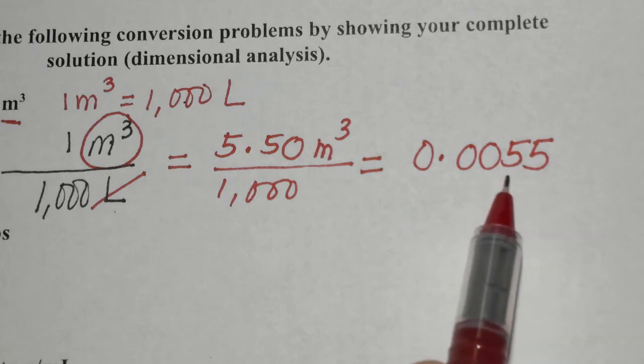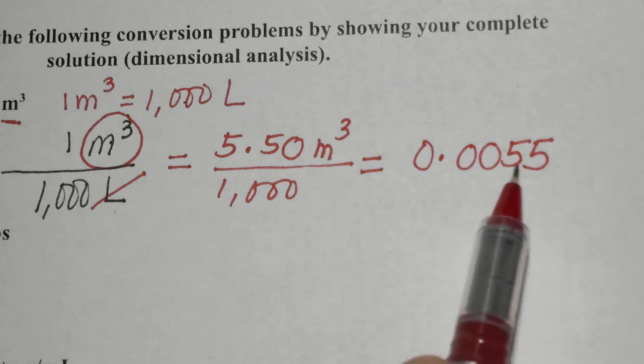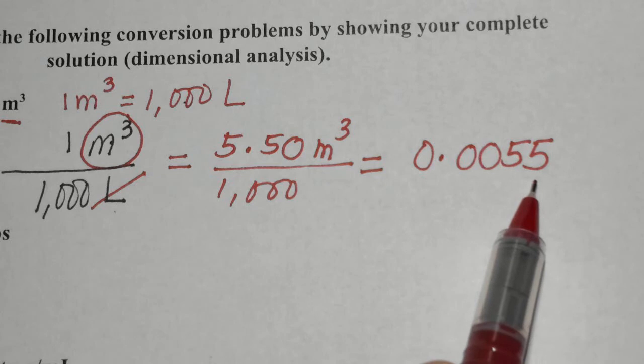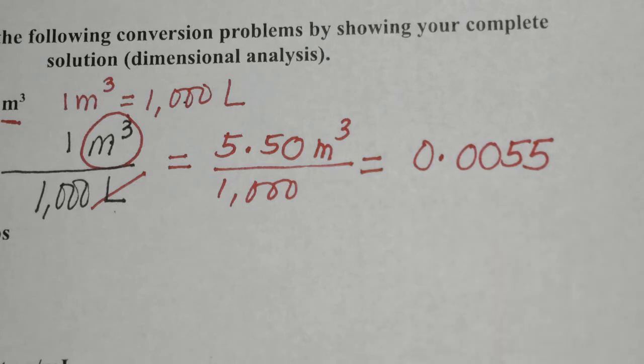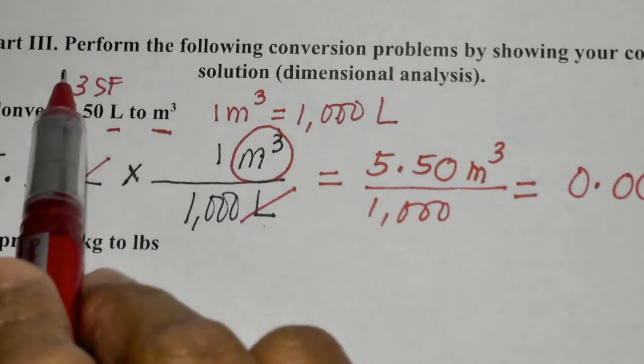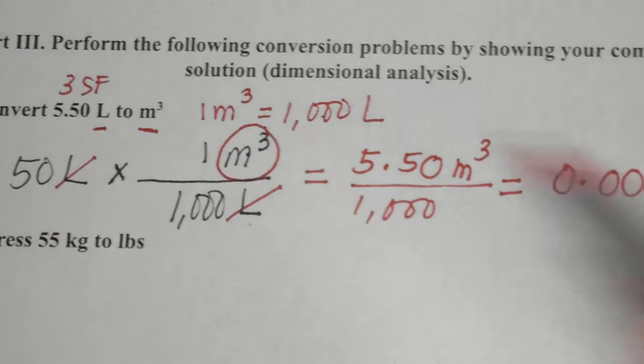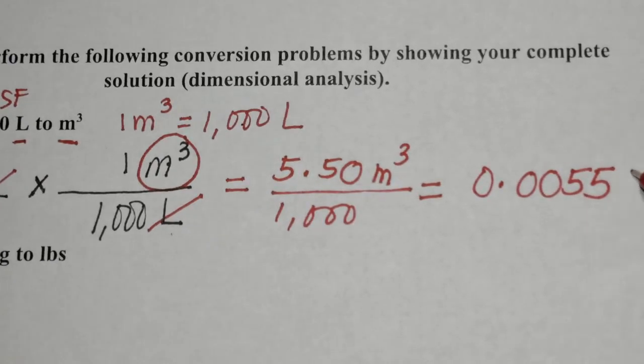You have to make sure you express this in 3 SF. How many SF do we have so far here? Just 2. How do we make it 3 SF? Add a 0 to the right. We're not changing the value. We're just adding a significant 0.